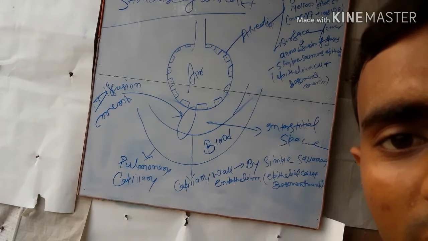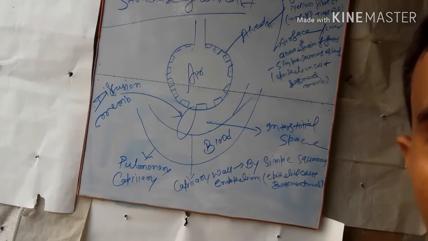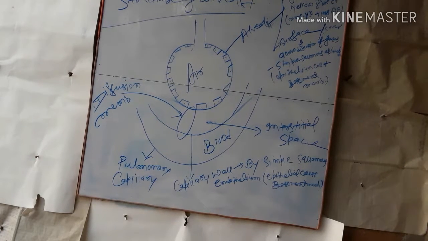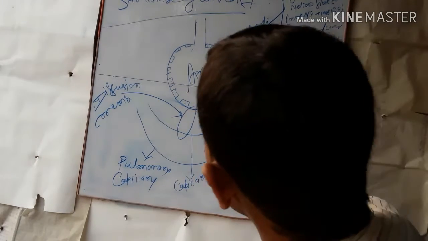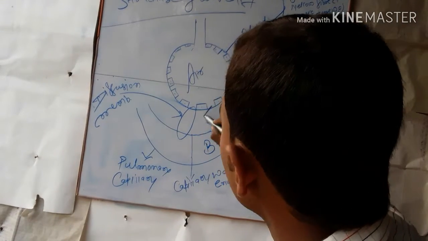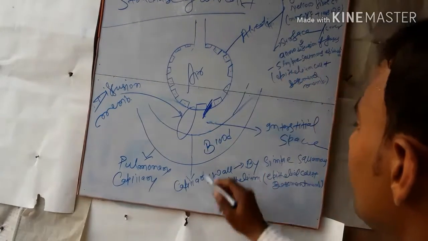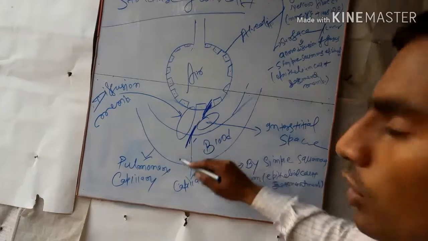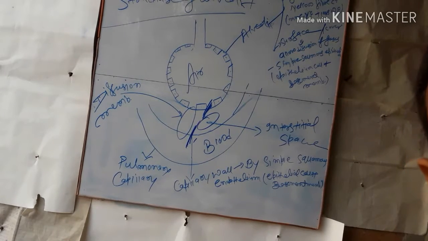Finally, what is the diffusion membrane? The diffusion membrane is the barrier present between the alveolar wall, interstitial space, and capillary wall.